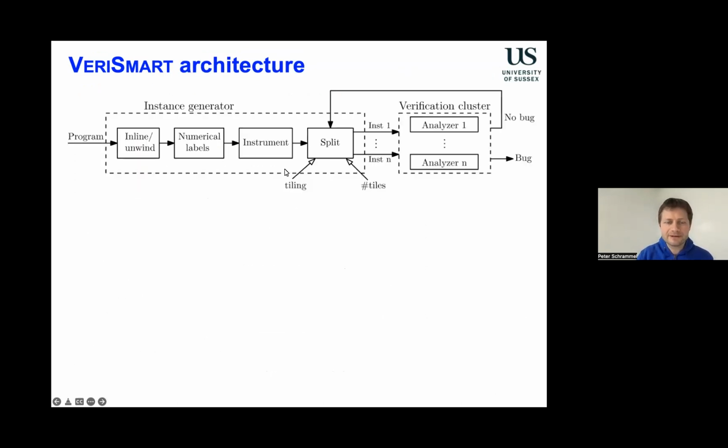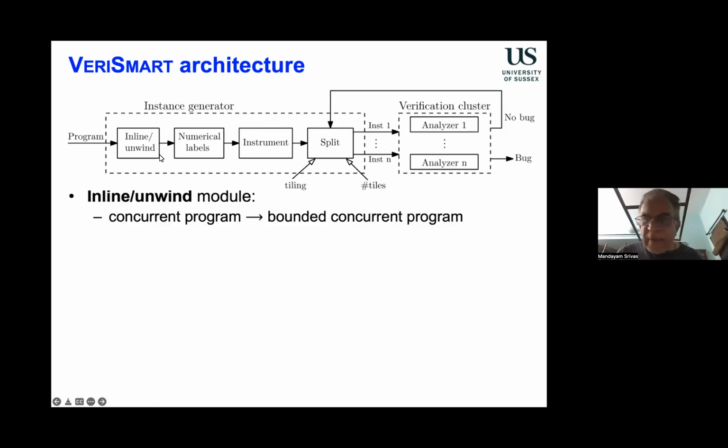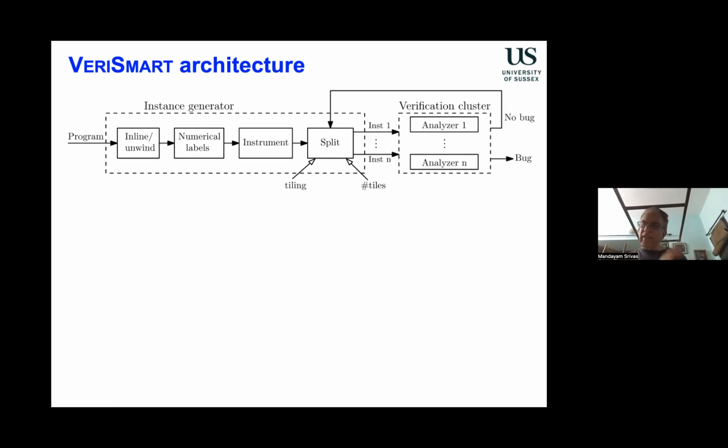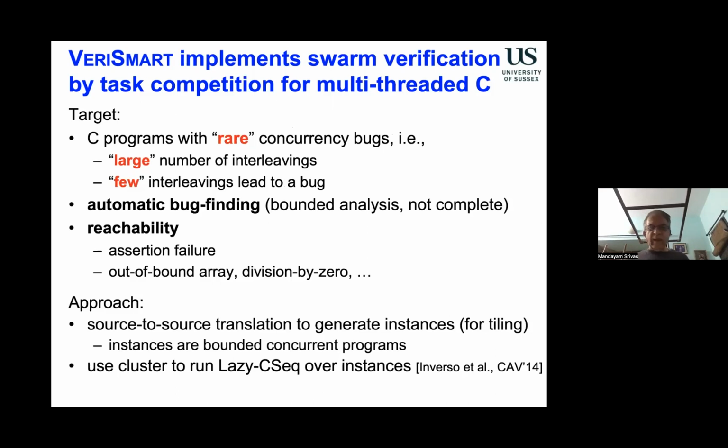So what are the steps that we do in the tool? Yeah, Peter, I have a question. Yes. Given that, what do you parallelize here? I kind of missed. You started out by saying you were going to parallelize different tasks. Which are the tasks that you parallelize?